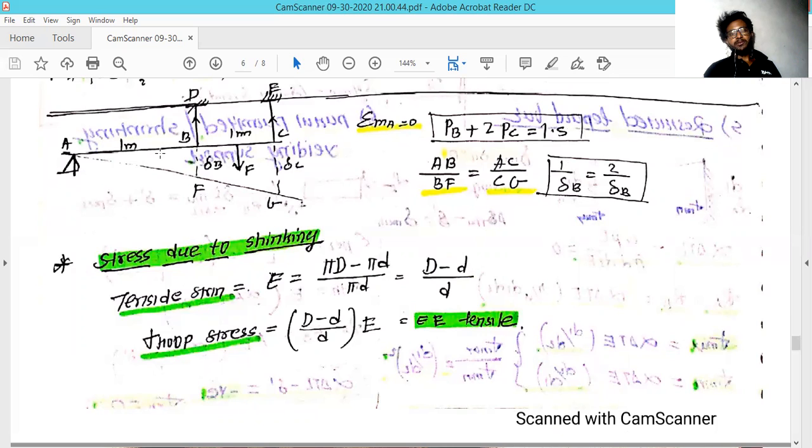So the total distance of the F force from the cross section at A is 1.5, and I have taken the force F as 1 Newton.